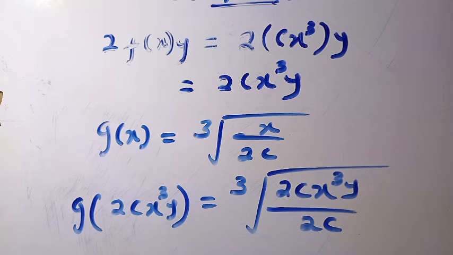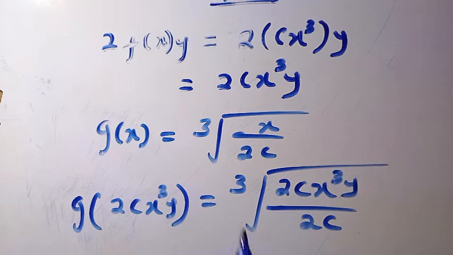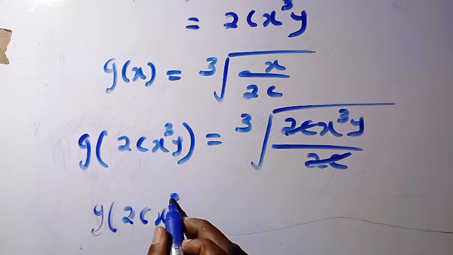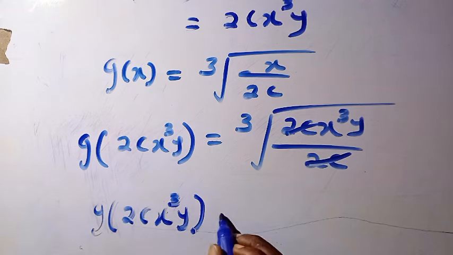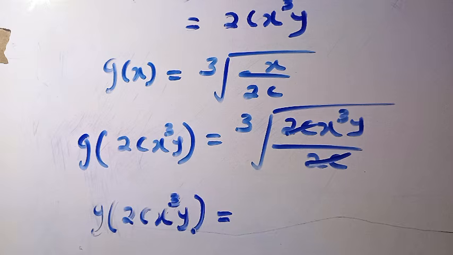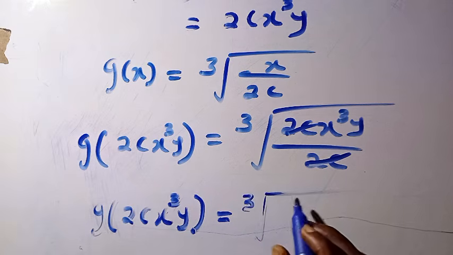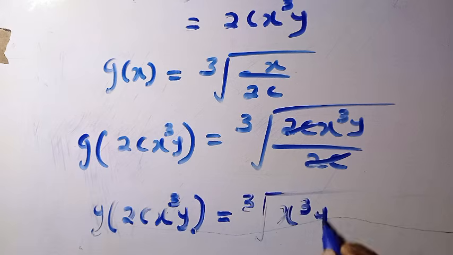And the constant 2c cancels 2c. So g of 2c x cubed y equals the cube root of x cubed y.